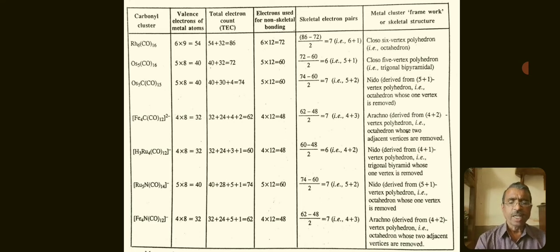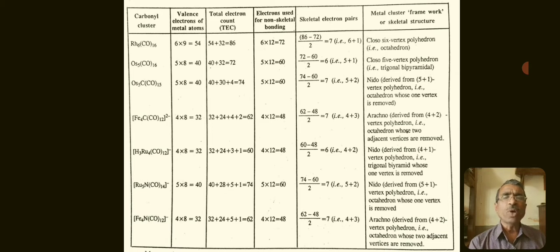let us take an example of hexarhodium hexadecacarbonyl. In this, we have 6 rhodium atoms. Each rhodium contains 9 electrons in the valence shell. Therefore, total valence electrons are 9 into 6, which is 54.